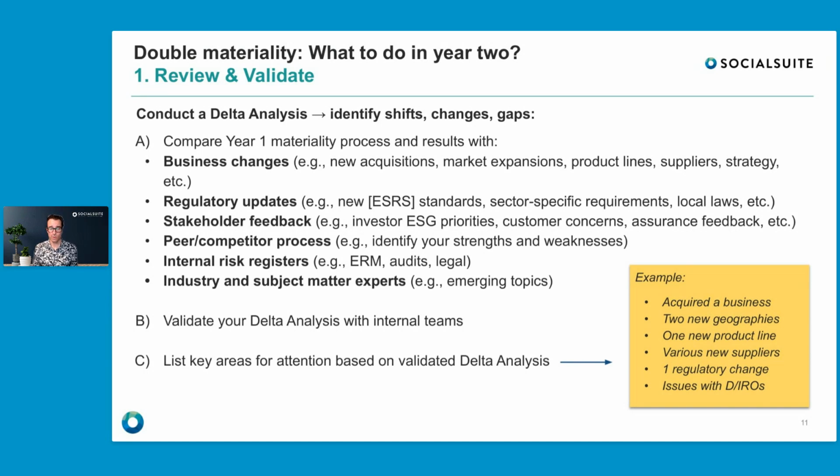Read what process they've gone through. Look at the impacts, risks, opportunities, or IROs. How have they captured them? How many are there? Then start to build up a picture about what my strengths from year one are compared to my peers and competitors, and what are potential weaknesses there? What are things that, now that I'm aware of this, we could have done differently or better?